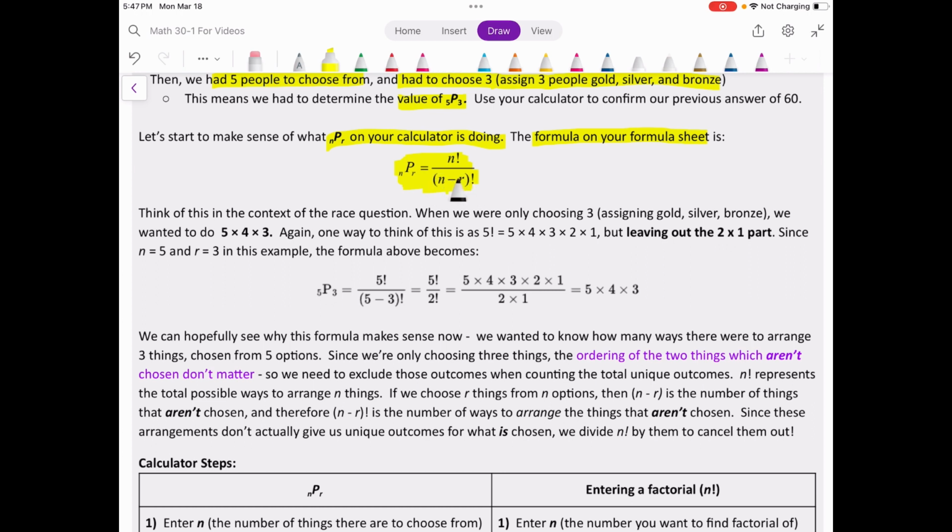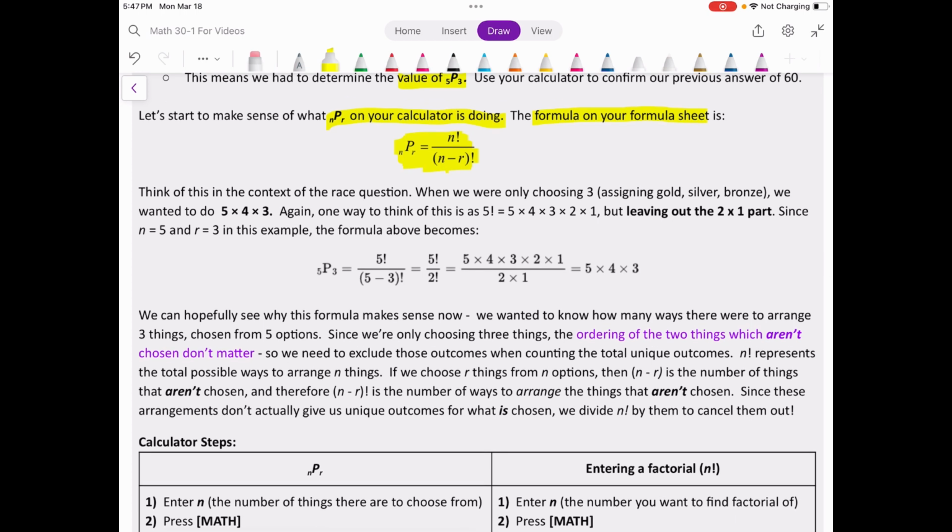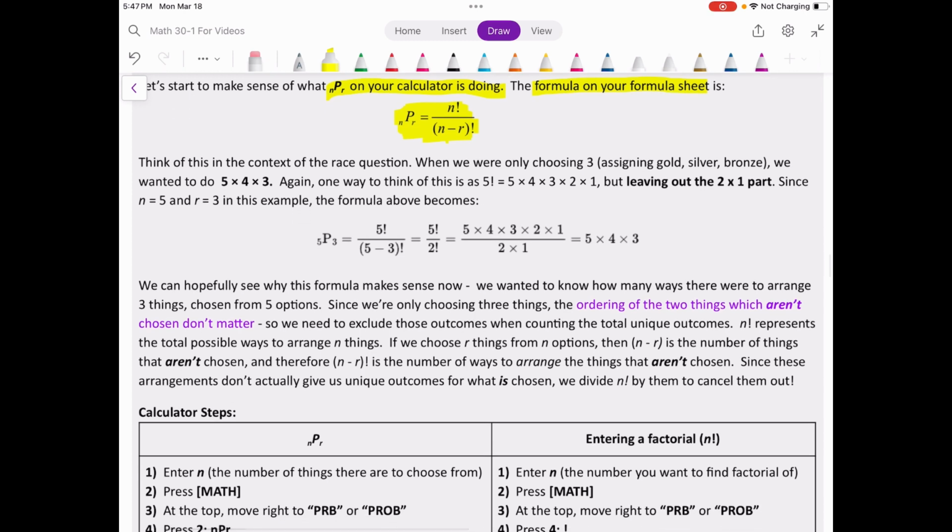Okay, now why would it be doing this? Well, again, I think having a concrete example helps. So let's think about it in terms of our race question. When we were only choosing 3, when we were assigning gold, silver, and bronze, we wanted to do 5 times 4 times 3, because there's 5 people who could finish first. For each of those, there's 4 left to finish second. And for each of those, there's still 3 people left to finish third, right? So 5 times 4 times 3.